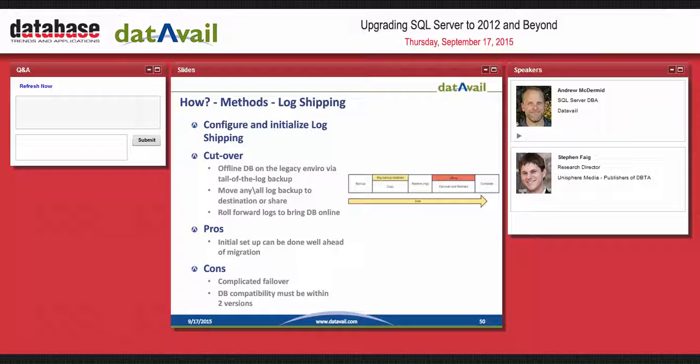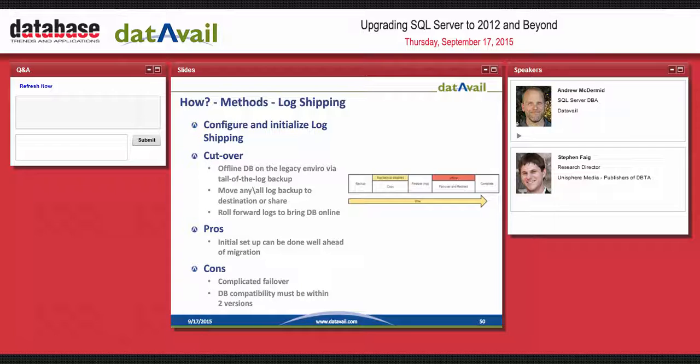Another interesting technique, a favorite of mine when I'm just moving, say, one or two databases, is log shipping. So here that final backup is a tail-log backup, which is a log backup, but it also takes the database offline all in one operation. So now no one can connect. Once you've done that, it's mostly a matter of rolling on the remaining logs on the new server.